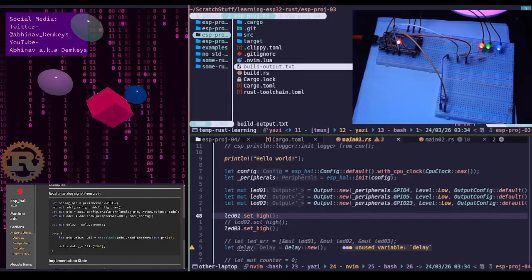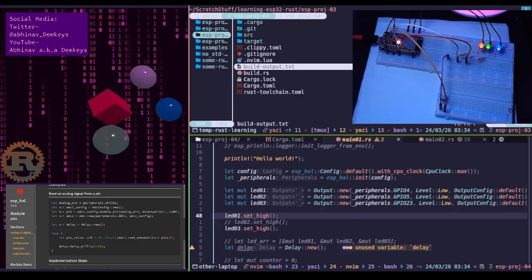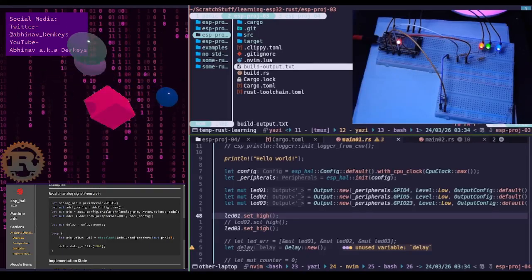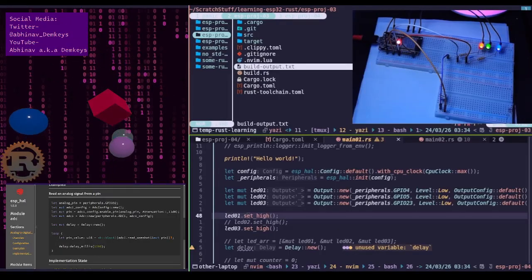Imagine two resistors in series. If they are equal, the voltage exactly in the middle of them will be half of the total.